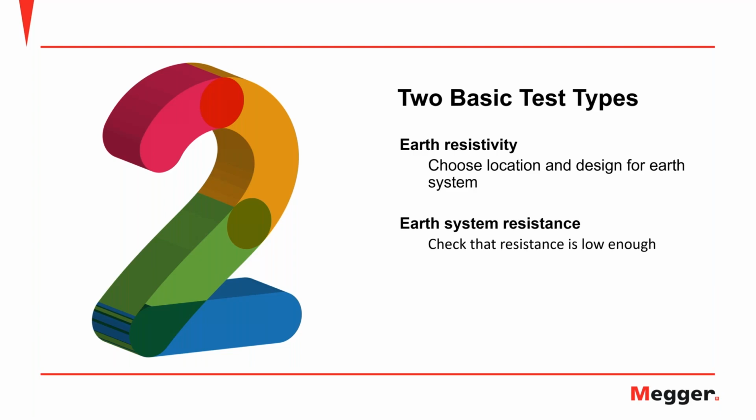It's just how well does the soil conduct electricity and how good is it for grounding. And then resistance has to do with now you've installed the electrode, and now you want to measure how good is the electrode, how well can it do its job. And so that would be your resistance measurement.